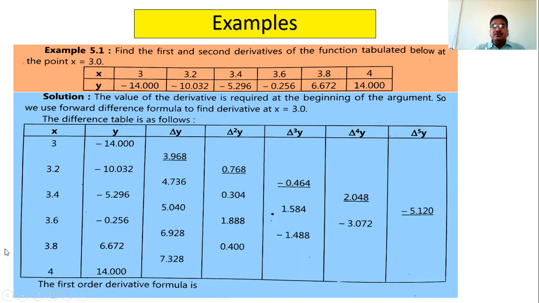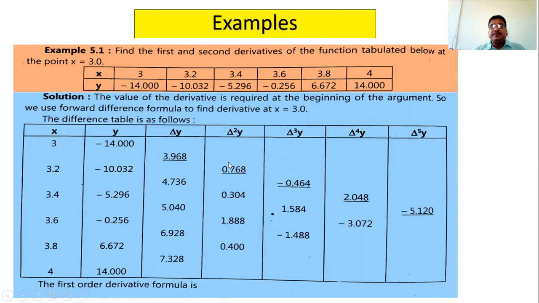That is, this value minus this value at this place. Then what is this entry? This minus this at this place, and in this way. What is this entry? This minus this at this place. So we have these values, and these values are important in the forward difference table.